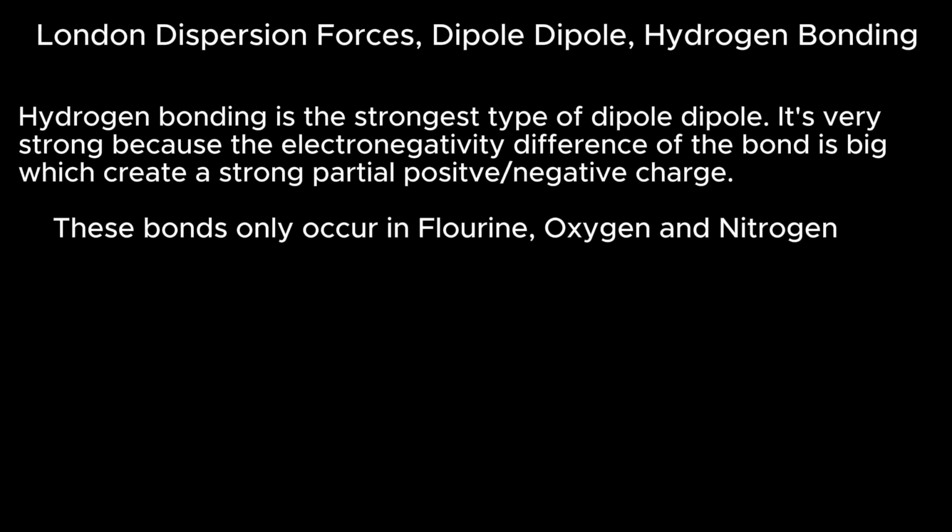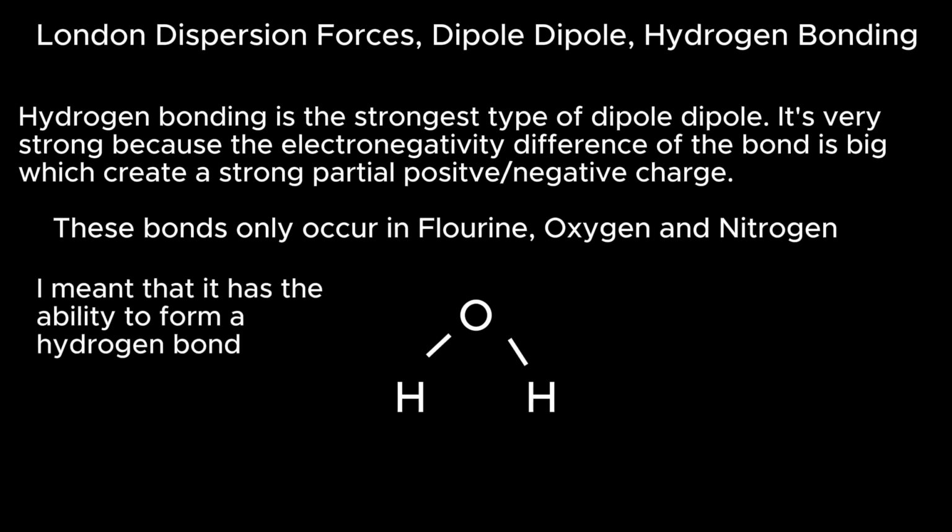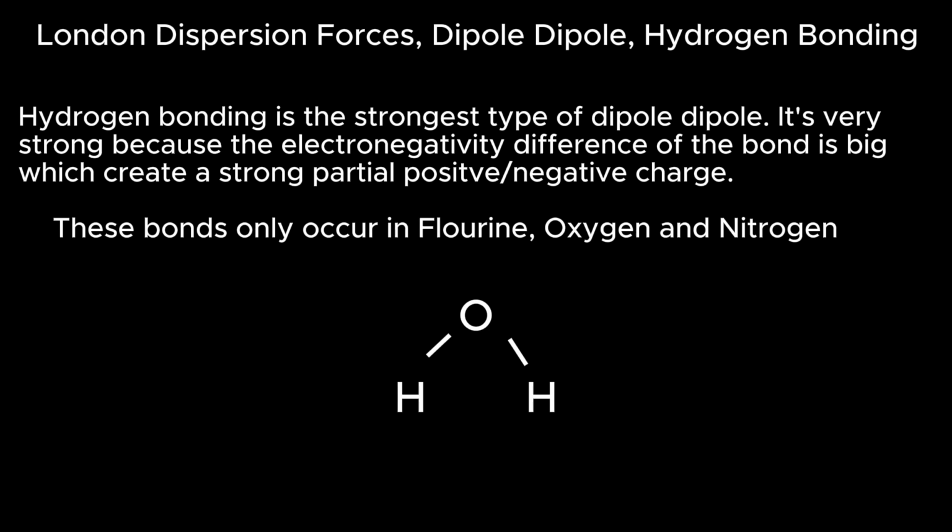And let's look at an example of this. So let's take a look at water, H2O. This molecule is polar and it has a hydrogen bond. As you can see, two hydrogens are bonded to oxygen.